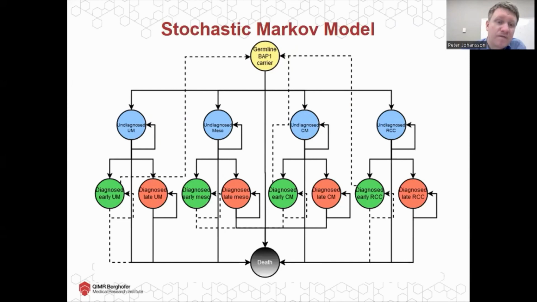And then when they have developed the cancer, they can be diagnosed either early or late. They get treatment, which leads to either that they are cured and then they're back in the yellow healthy state, or they die from the cancer.